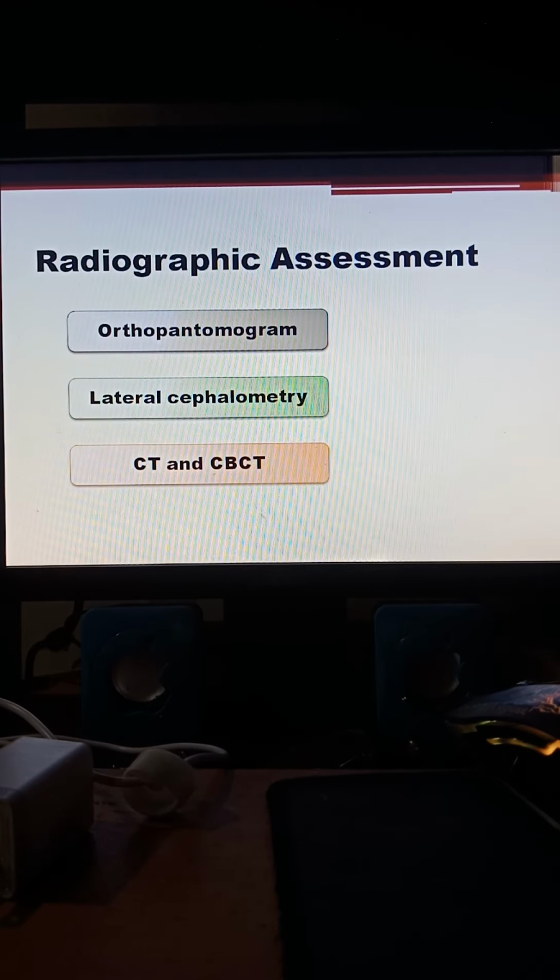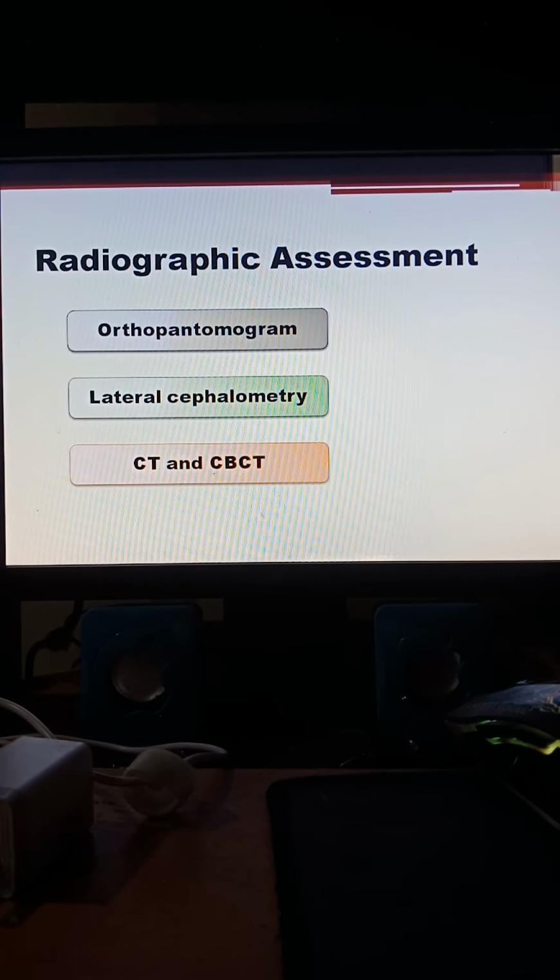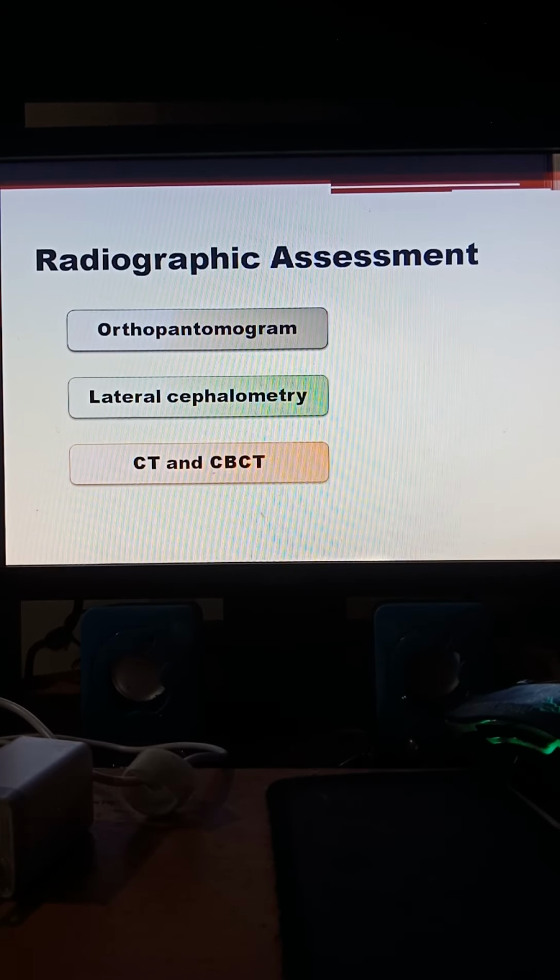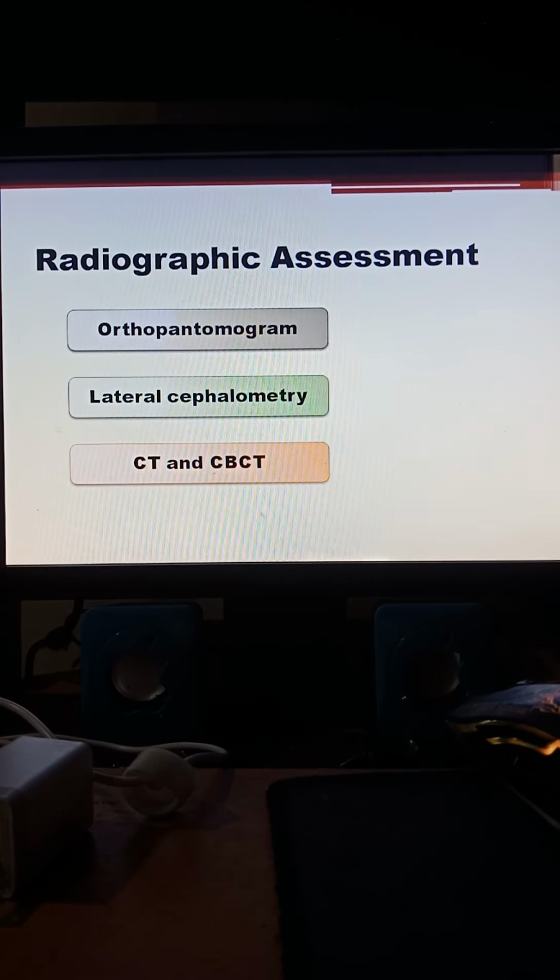Radiographic assessment is a vital method to localize the maxillary impacted canines: orthopantomogram, lateral cephalometry, CT and CBCT are various forms for determining the present location of the maxillary impacted canine.